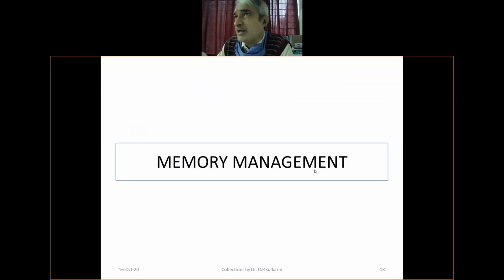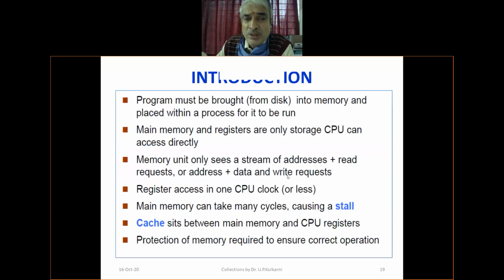Now directly we'll touch upon a little bit of memory management, because you will study it at great length in the next semester. Look at that. Programs must be brought from the disk into the memory and placed within a process for it to be run.